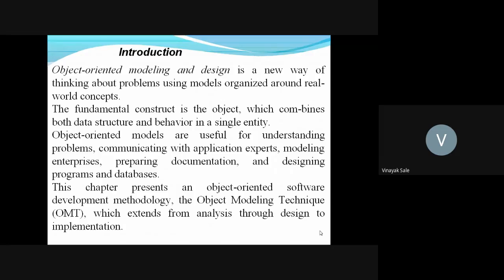Suppose there is the construction of a building. Before starting the construction of a building, there is a picture or demo of the building. The building will look like this in the future. That picture guides the construction of the building.